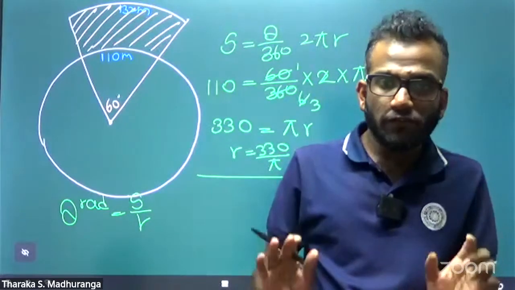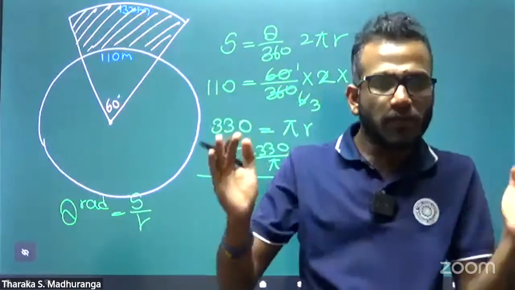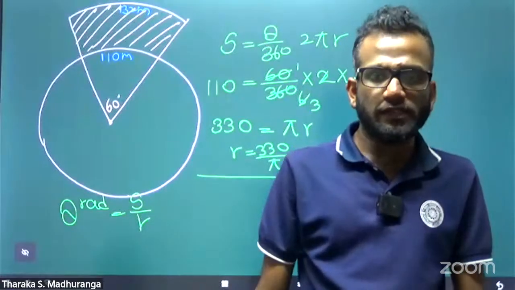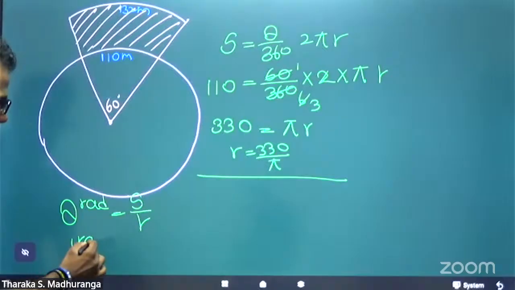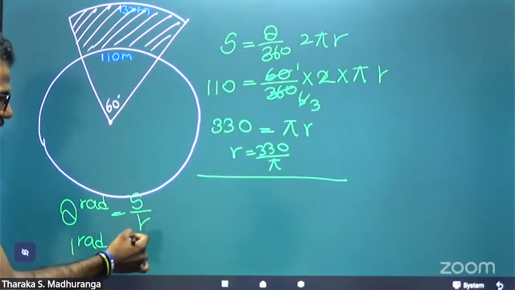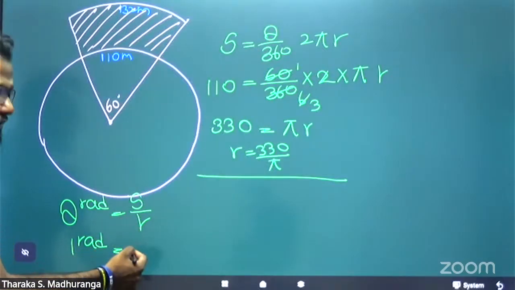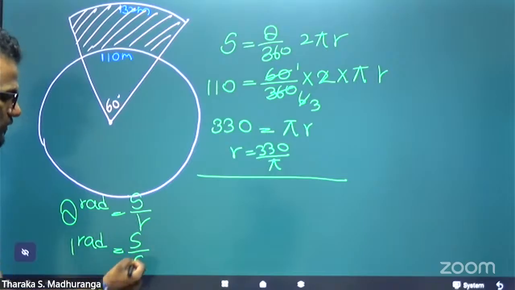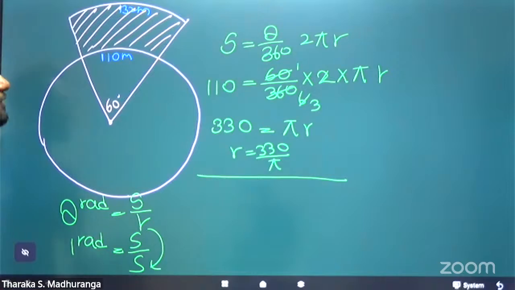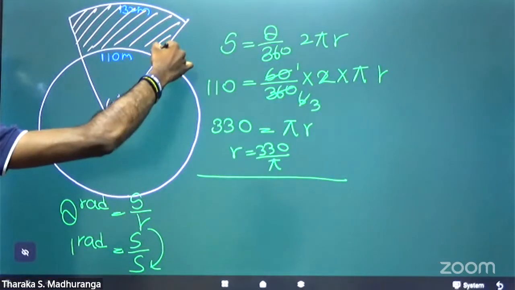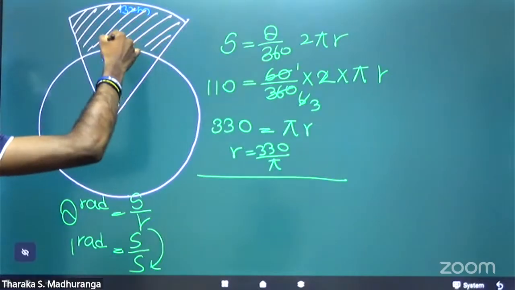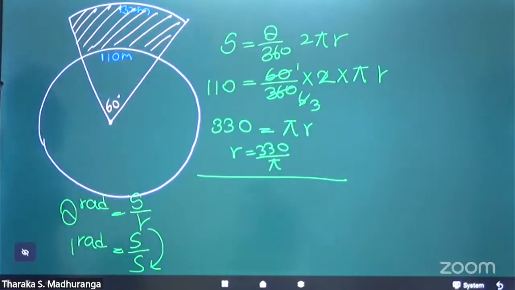What is the definition of 1 radian? The angle given by an arc length equal to the radius. So if the radius is 5 centimeters and the arc length is also 5 centimeters, that angle we call 1 radian.